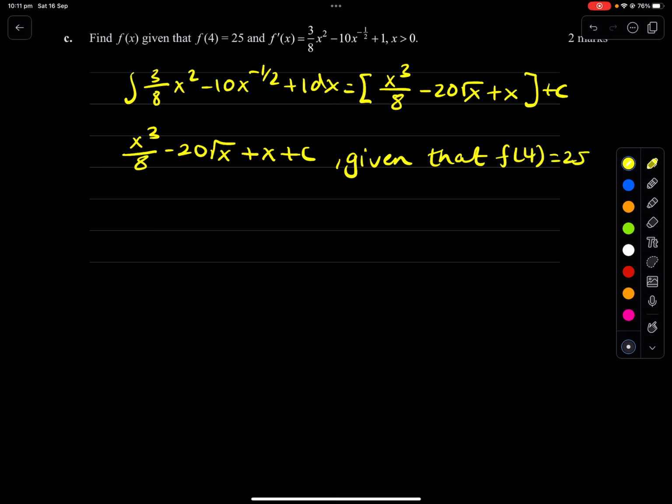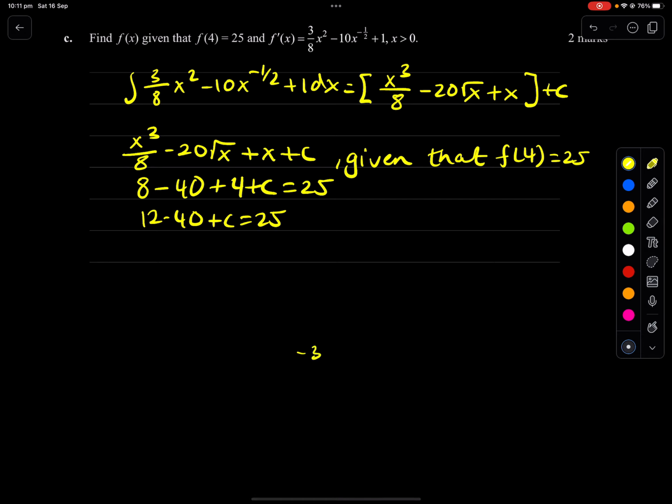We can say that 64 over 8 is 8, minus 20 times 2, which is 40, plus 4, plus c must equal 25. So 12 minus 40 plus c equals 25.